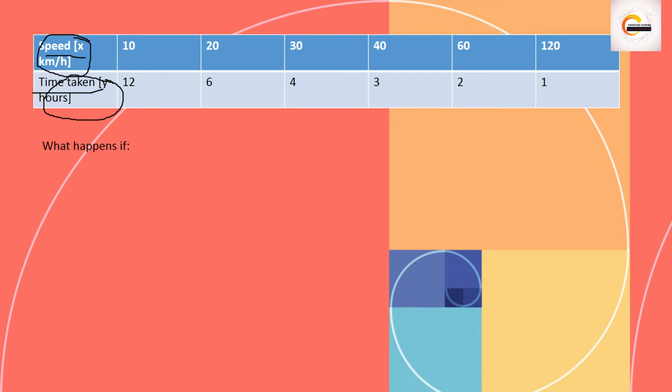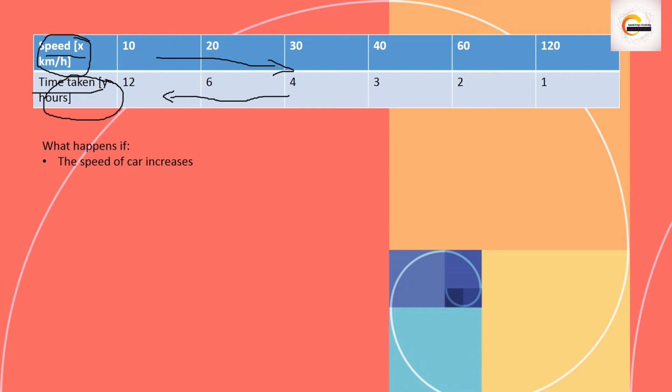What happens? We can see in each column that when the speed is increasing, the time is decreasing. So let's consider this case. What happens if the speed of the car increases?